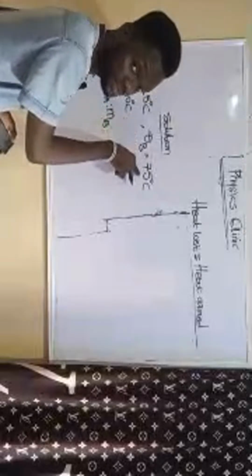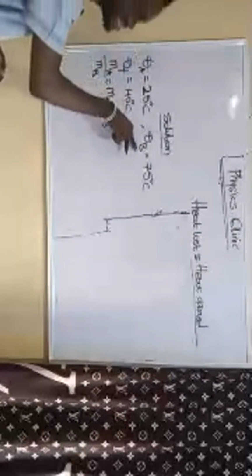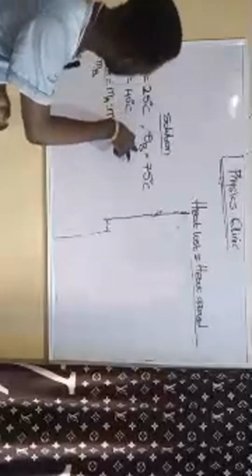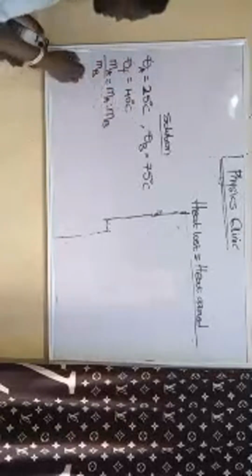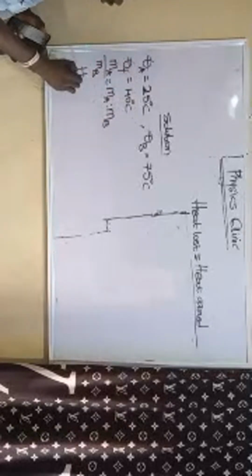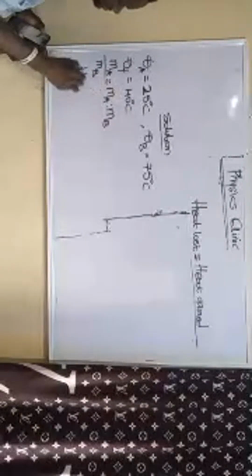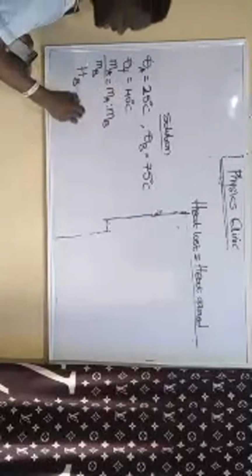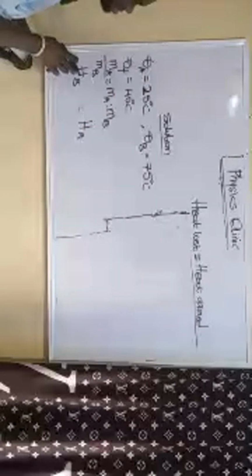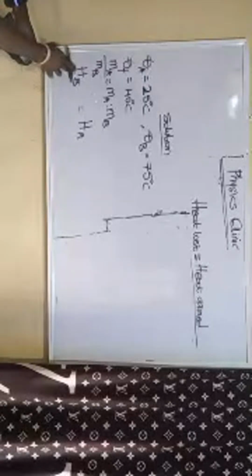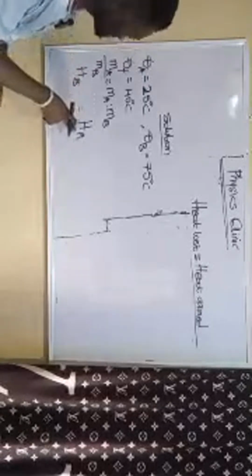Because tap B is at a higher temperature, it will lose its heat to tap A. So heat is being lost by tap B and heat is being gained by tap A. Heat loss is from tap B, while heat gain is from tap A.